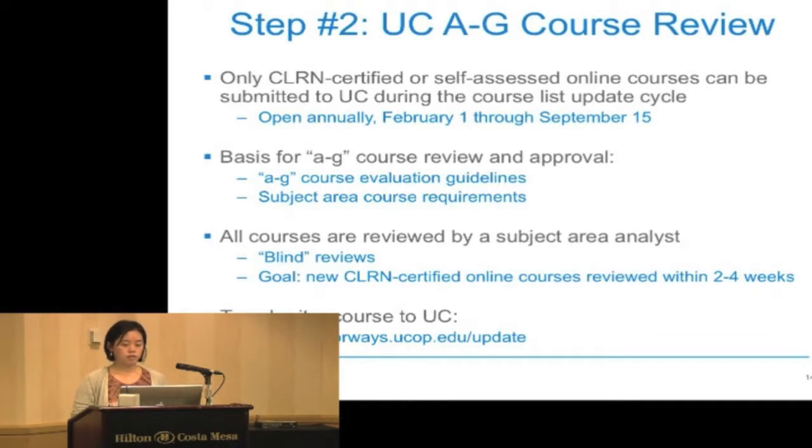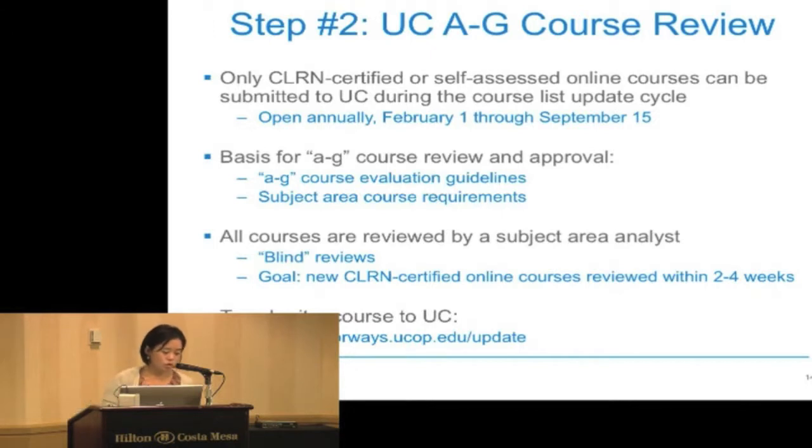It can also occur only after the appropriate self-assessment is done for any other kinds of online courses that cannot go through the formal CLRN review. And those kinds of CLRN certified or self-assessed courses can be submitted to UC again during the course list update cycle for February 1st through September 15th.